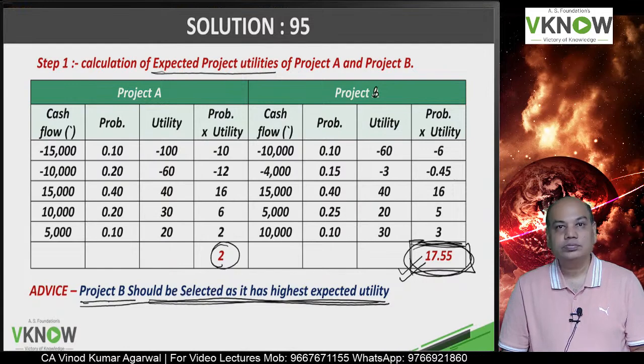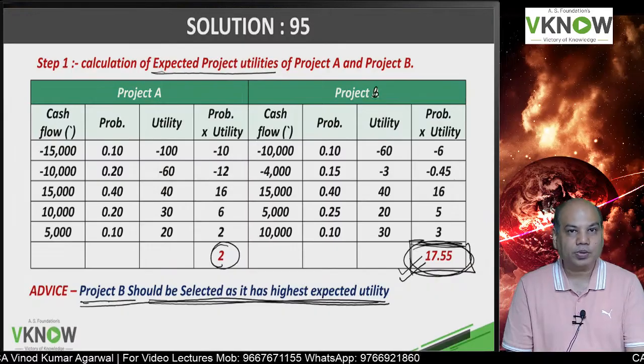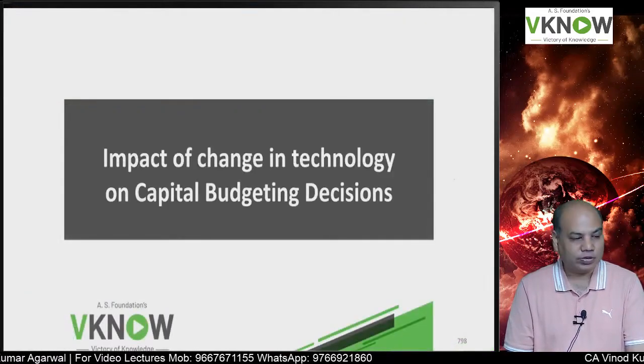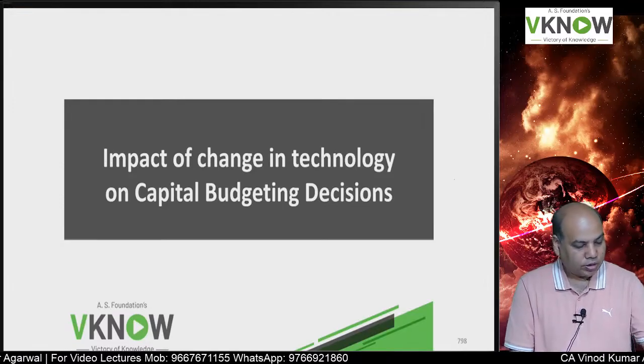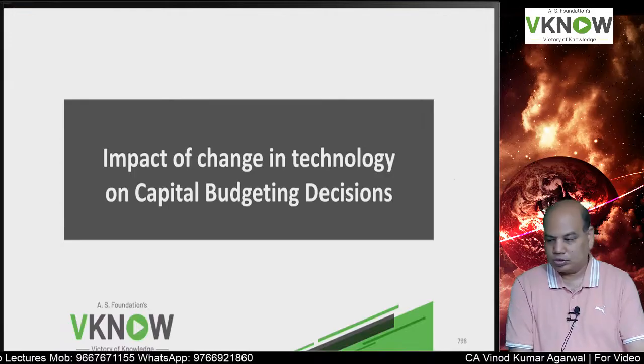Is it right now, all of you? So this is how this type of problem will be solved. Only once they have asked the same question. Now you come back. We have some theory paragraphs also.